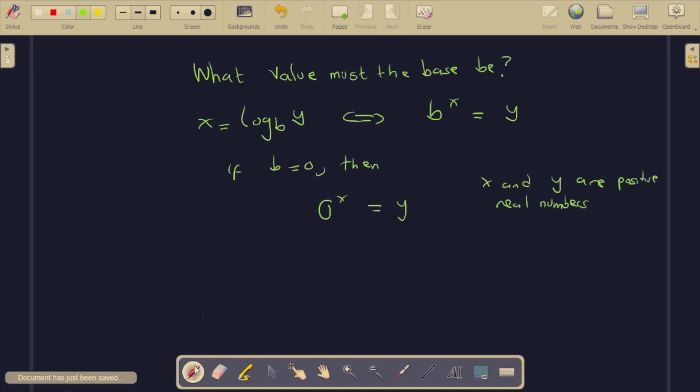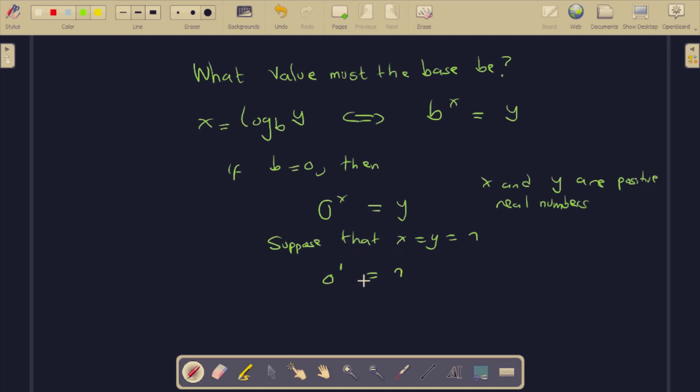Let's suppose that x is equal to y is equal to 1, because we know that 1 is a real number and we just want to see what is happening here. So we have 0 to the power of 1 is equal to 1.